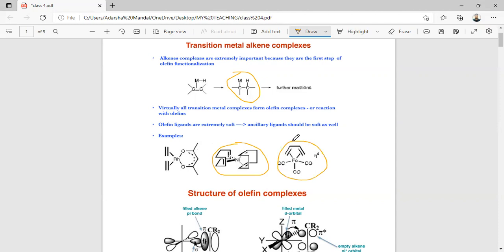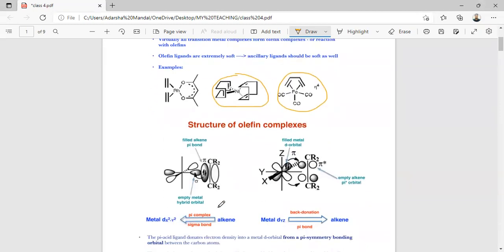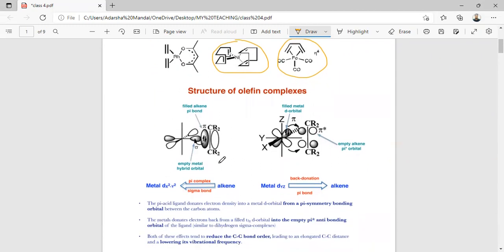First we should know about the structure of olefin complexes. Here the alkene is a pi donor and pi acceptor ligand.